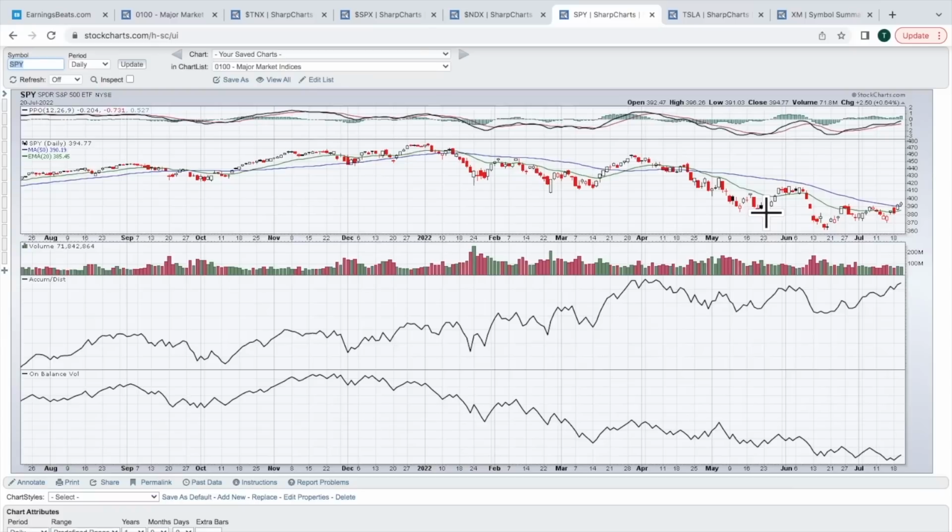The OBV doesn't care. On balance volume, it doesn't matter which of those scenarios happens, the exact same volume is subtracted because you finished down for the day. It's very simple. We were at 400 yesterday. We closed at 399.75 today. It doesn't matter. Whatever the total volume is, we subtract it.